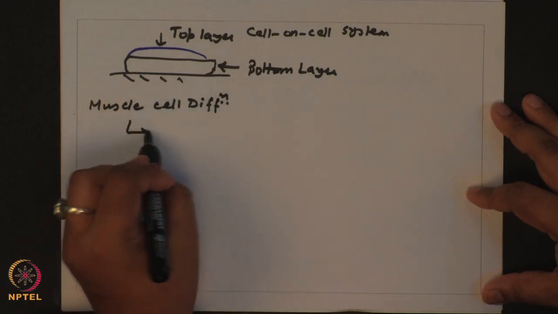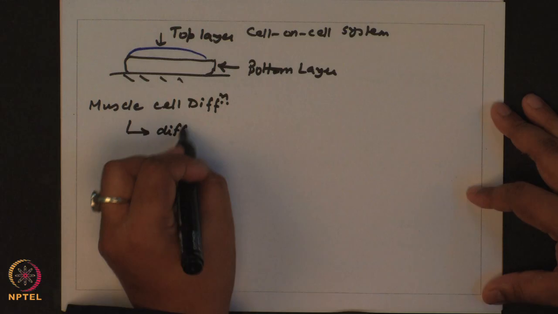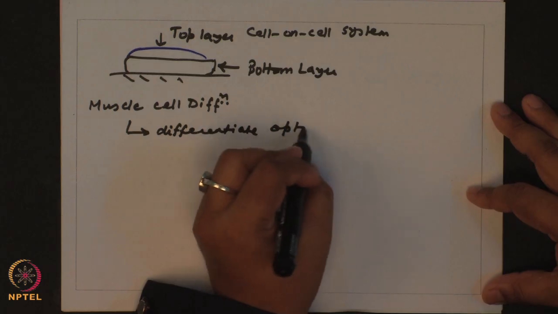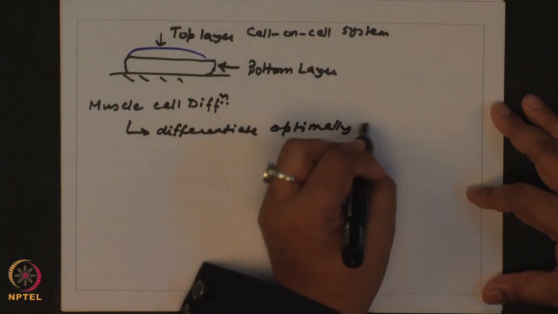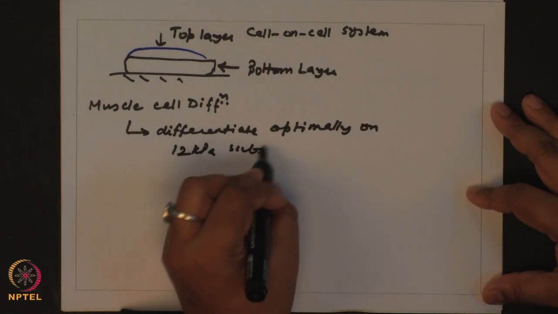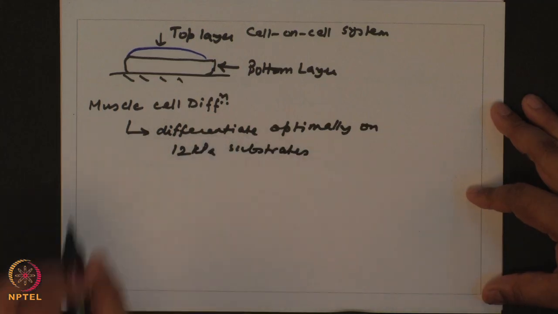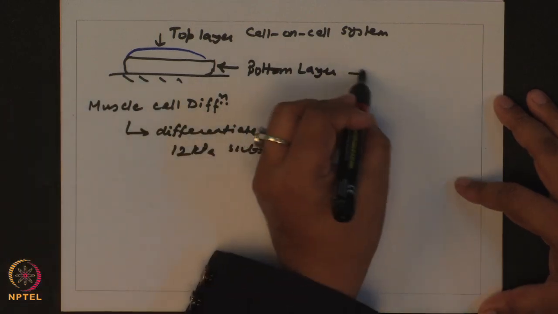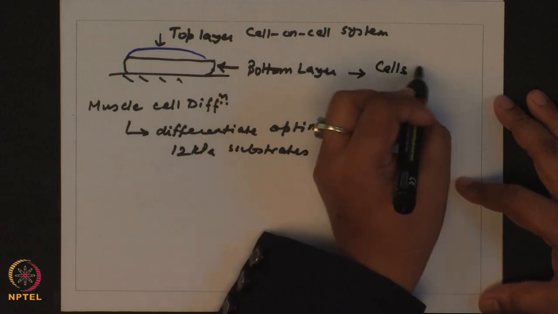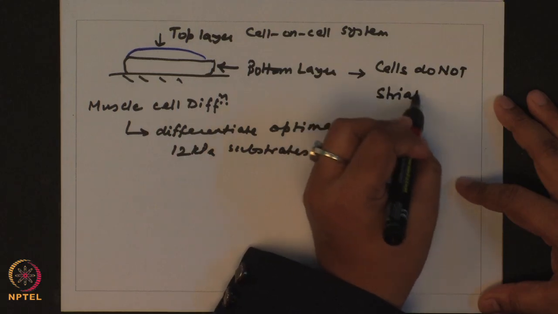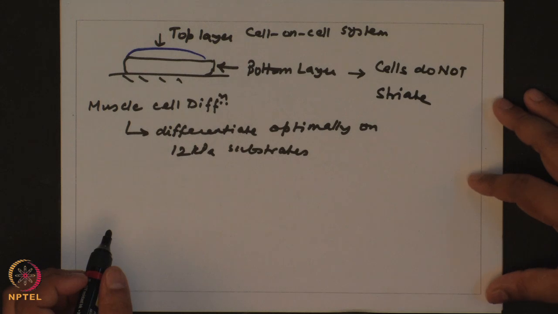These cells differentiate optimally on 12 kPa substrates. Because the bottom myotubes are cultured on glass, those cells never striate. Okay. But the top cells striate.